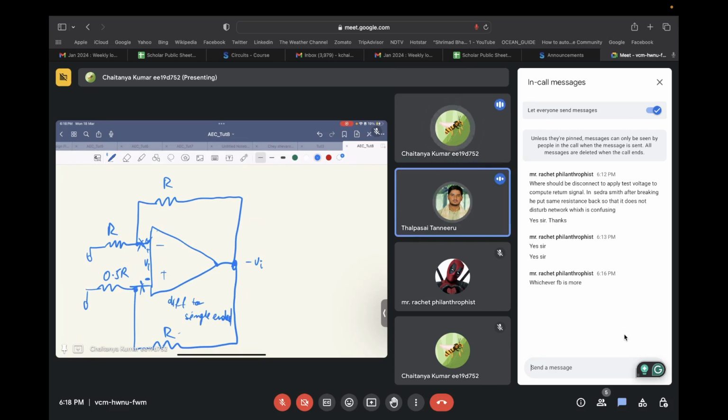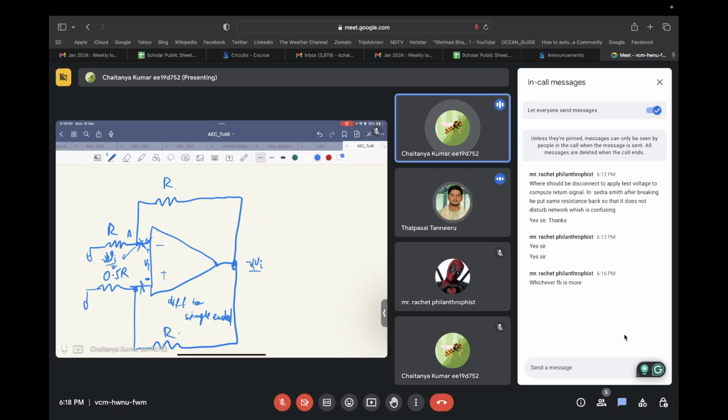So you will have minus Vi over here, and then at node A, what will be your value? It will be minus alpha Vi, and then minus alpha Vi by 2. Why by 2?